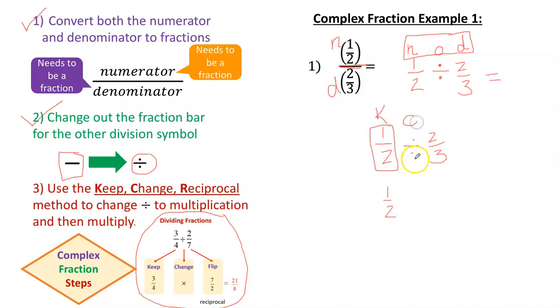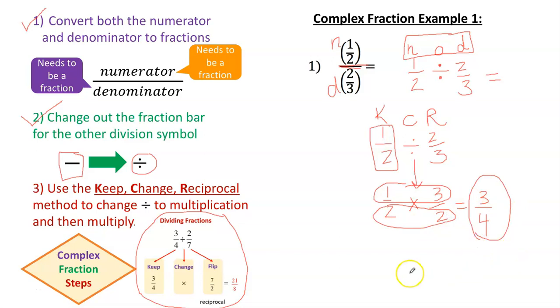We change the division symbol to multiplication, and then you record the reciprocal of 2/3, and the reciprocal of 2/3 is 3/2. From here, since it's multiplication now, we can just multiply the numerators and multiply the denominators, and we get a result of 3/4. Our final answer here is 3/4.